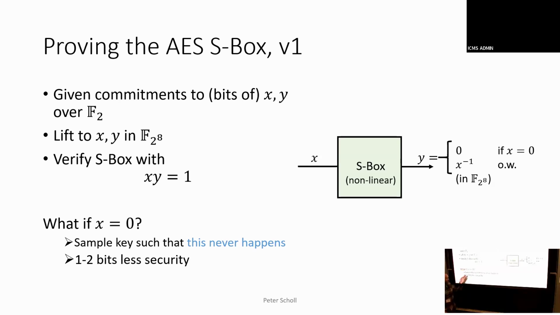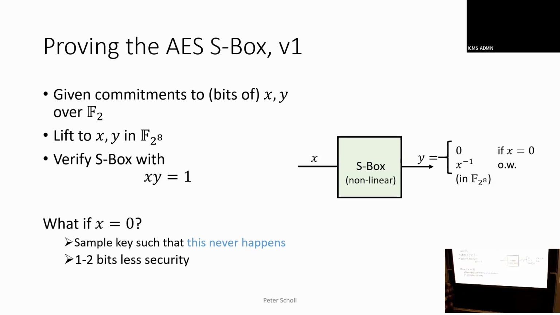Turns out that this happens not too infrequently. You can do it fairly efficiently. It reduces the size of the key space by maybe a couple of bits. So it seems not too bad heuristically. And then checking every S box reduces to checking one multiplication in F2 to the 8. It doesn't depend on the message, that is.